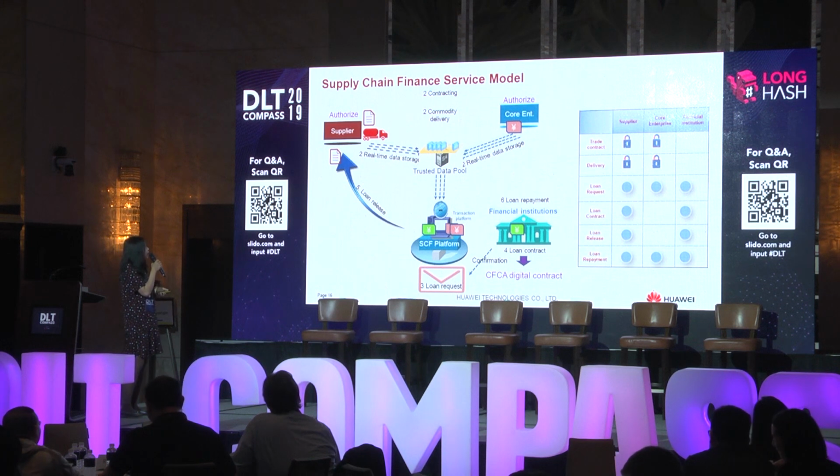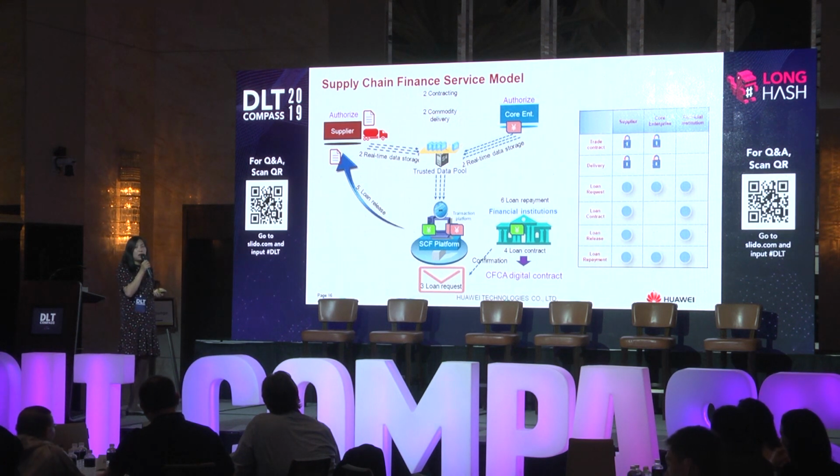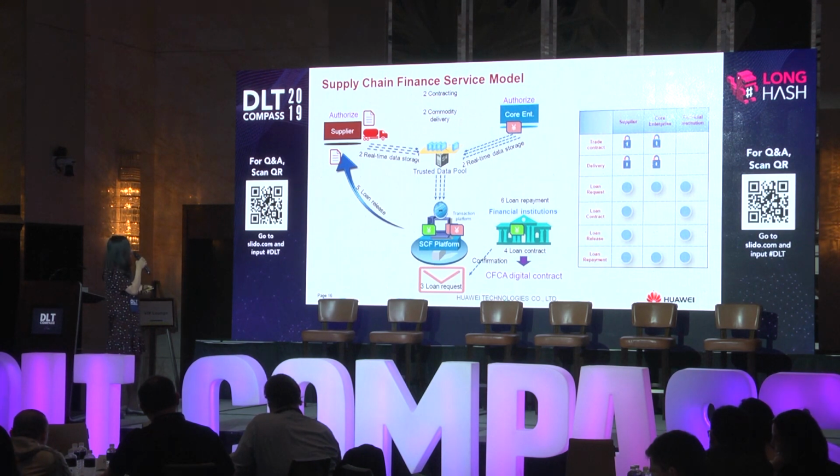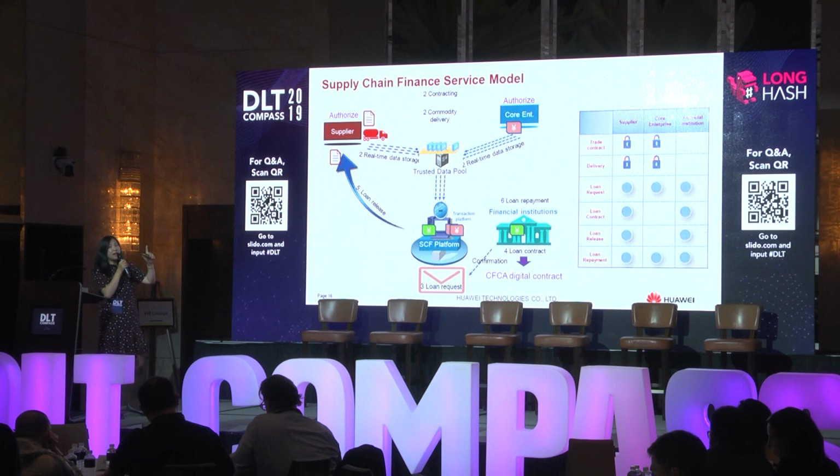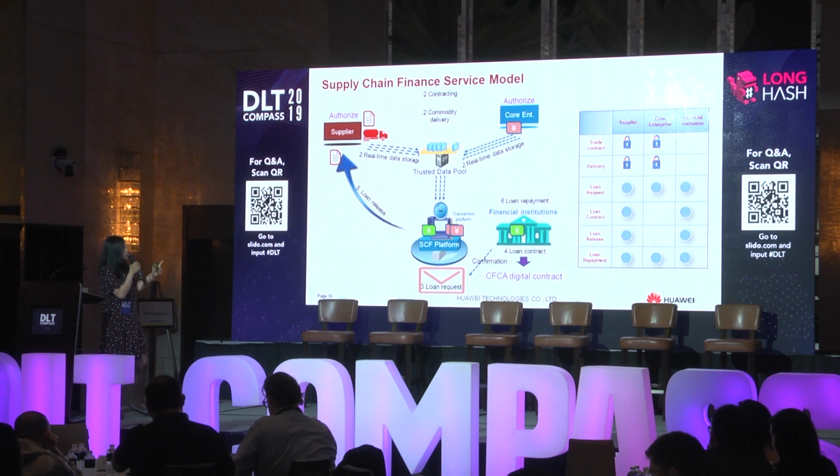And step 3 is when the supplier needs a loan from the bank, the supplier will send a request from the first chain, and the core enterprise gets the request and approves it. This request will be automatically taken and pushed to the second chain.